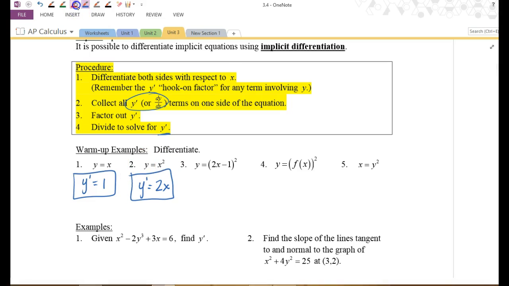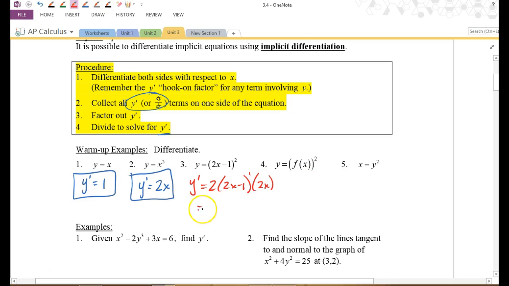Number 3 gets slightly more complicated. This one has a quantity that's squared. You could FOIL this and then use the basic rule, or you can use the chain rule, which we just learned, and that's the one I'm going to do. We derive our y, and then the chain rule says we derive the outside, so 2 times 2x minus 1 to the first power times the derivative of the inside, which is 2x.